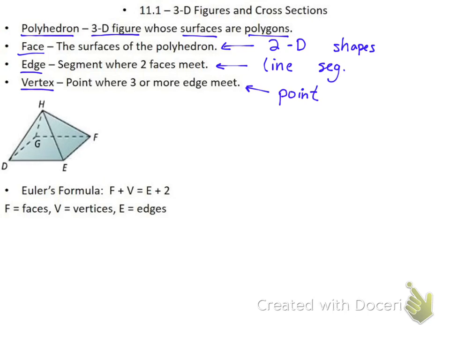So over here with this pyramid that we have, if I wanted to name a face, I could take this face right here, this triangle, and one of the faces is going to be triangle HEF. If I wanted to name an edge, I could just take one line segment, so I can just do segment HE.